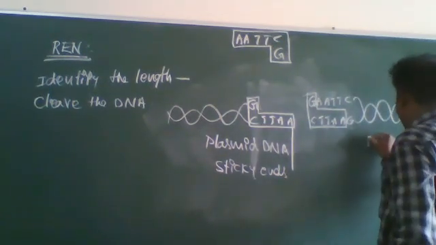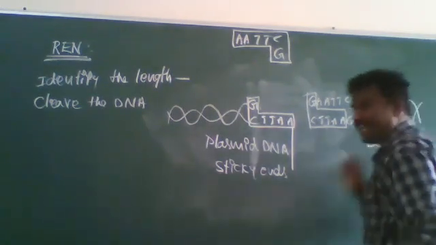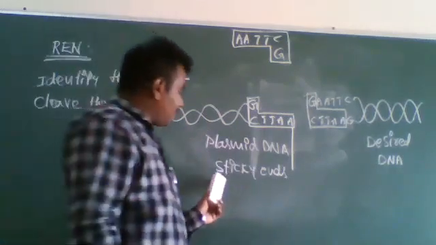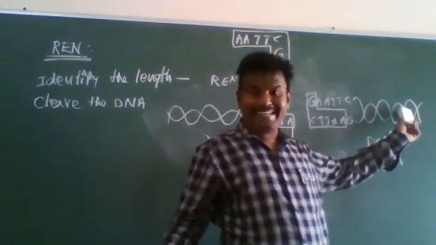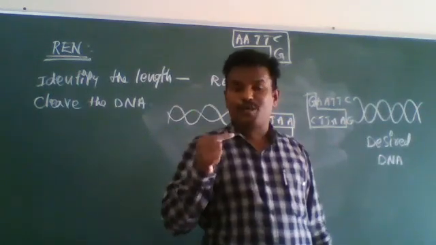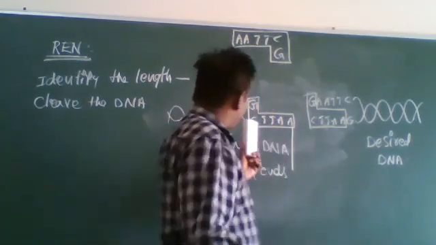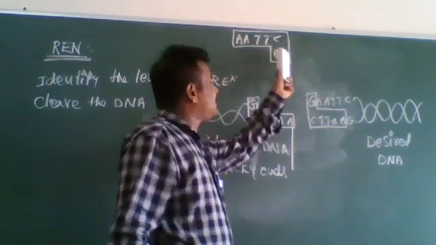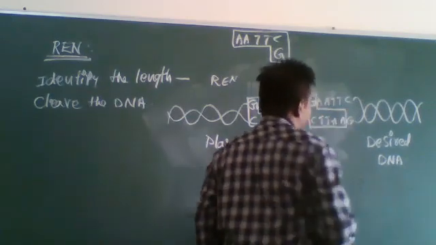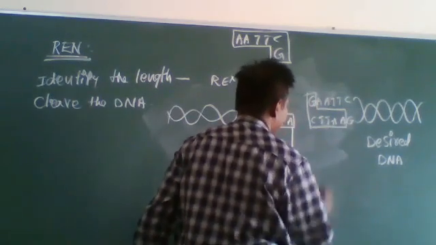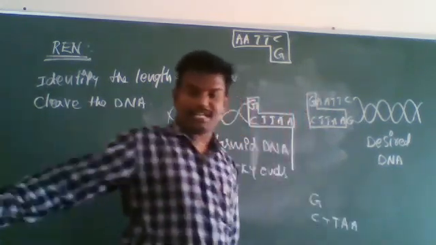This is the desired DNA. So restriction endonuclease can cut the plasmid DNA as well as the foreign or desired DNA at specific locations with a specific sequence. Plasmid DNA can be cut at its region, and foreign DNA can be cut at its own region.